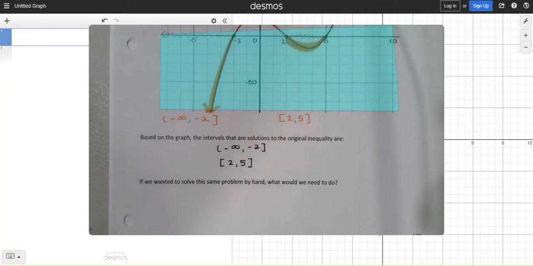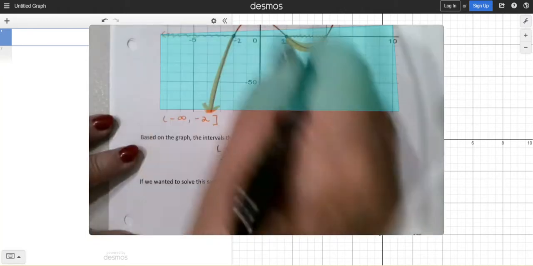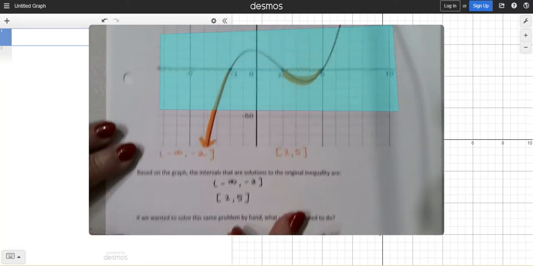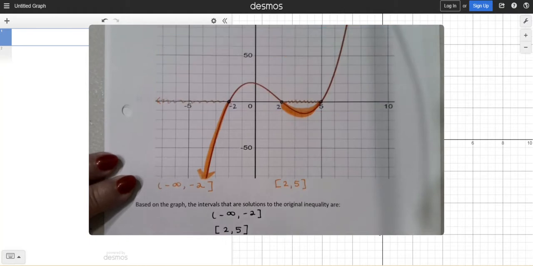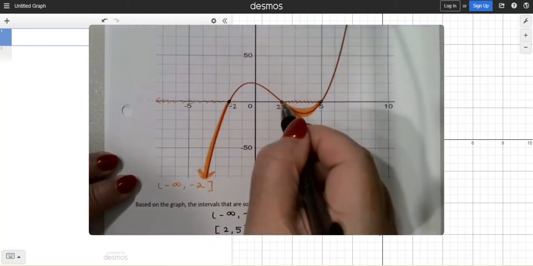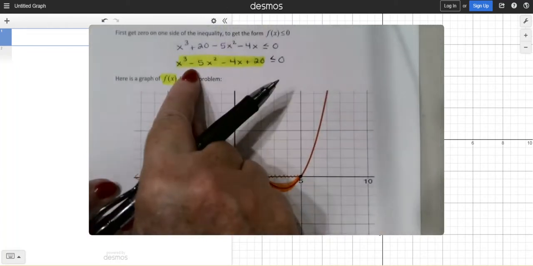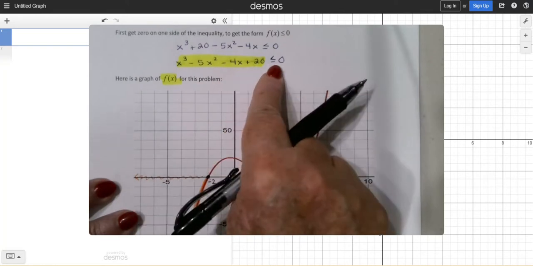All right, what if I didn't want to do this problem graphically? What if I wanted to solve the same problem by hand? Let's think what I would need to do. First of all, notice that it was really important to know what the zeros of the polynomial are. So I'd want to start by getting those zeros, or in other words, solving f of x equal to 0.